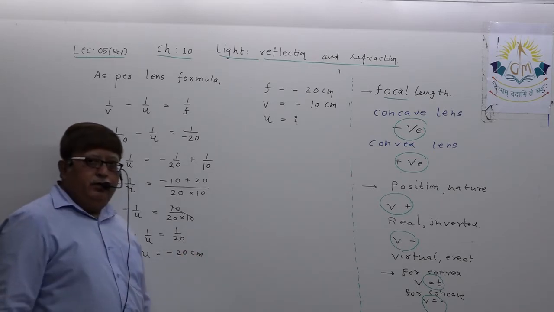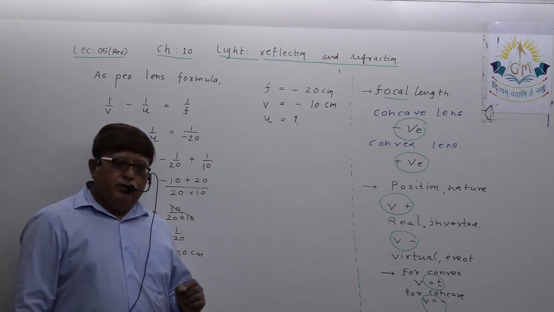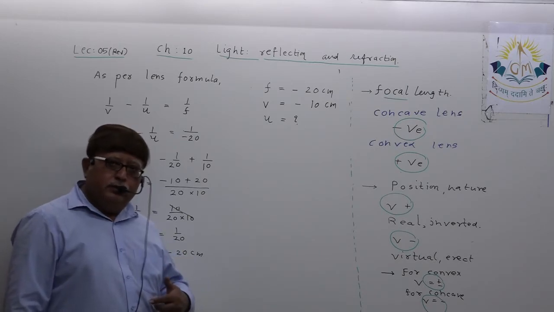So you will keep the object at a distance of 20 centimeter in front of the lens.